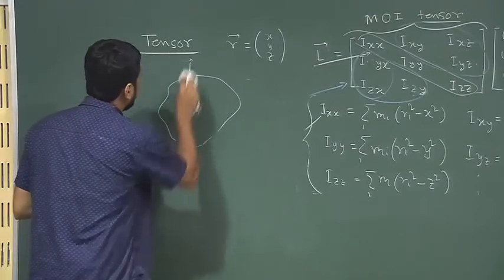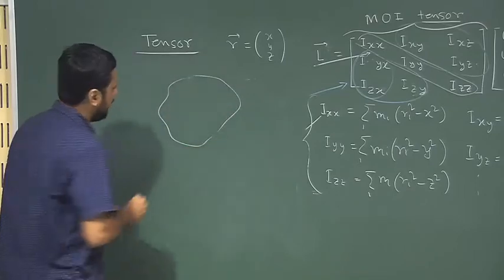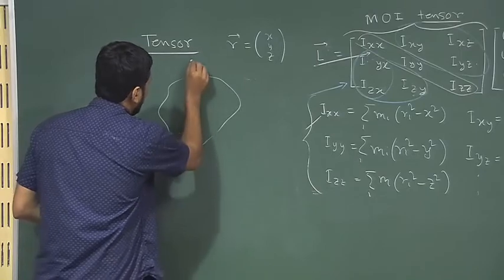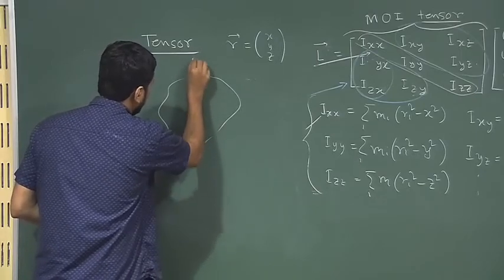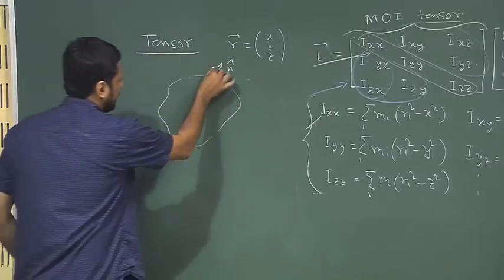So, let us say we have some axis system associated with it, and we have a direction of rotation.